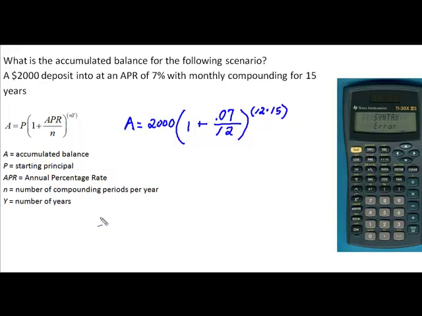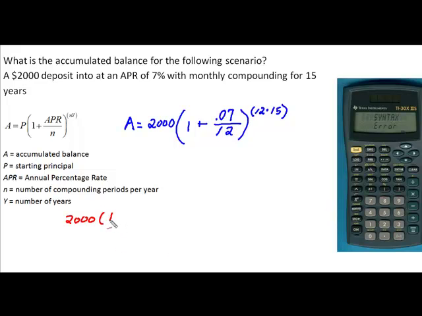When you plug this into the calculator, you want to do it all at once if possible. And you basically want to follow the problem along, including the parentheses. So that means that the first thing that you're going to enter into your calculator is 2,000. And then you're going to open parentheses, and you'll notice that those open parentheses are right here, right above the 8 key.